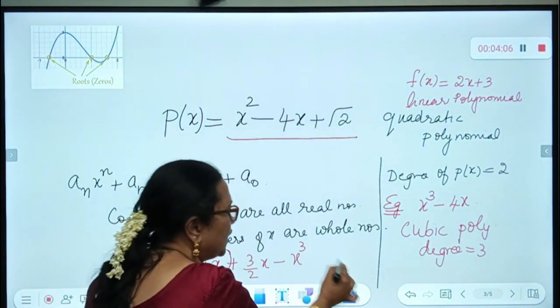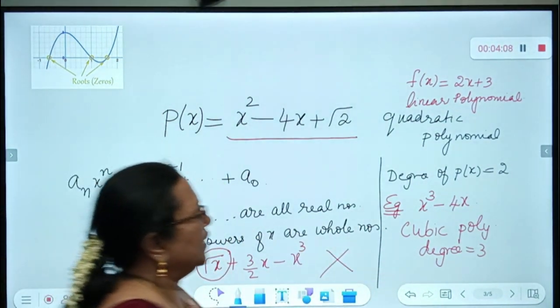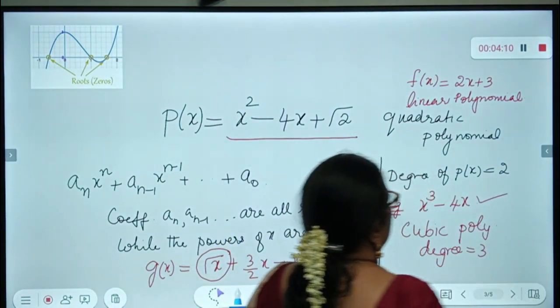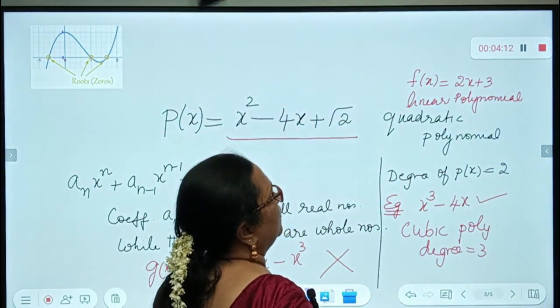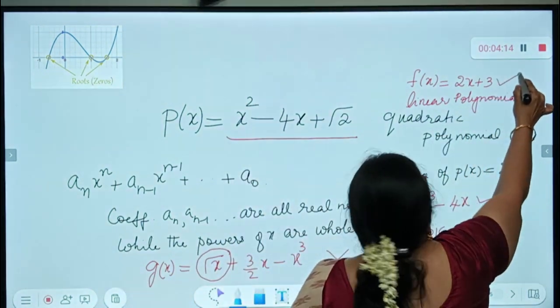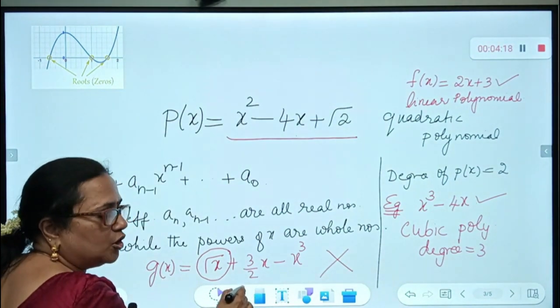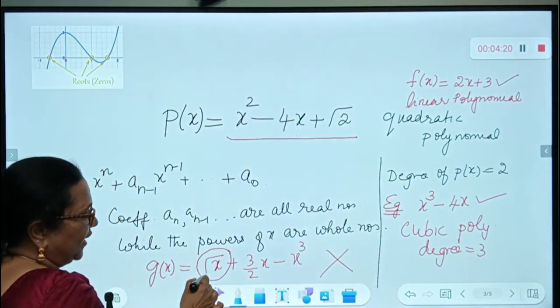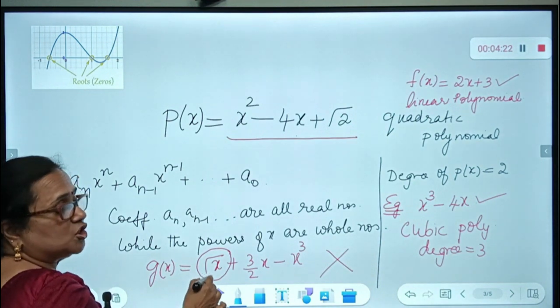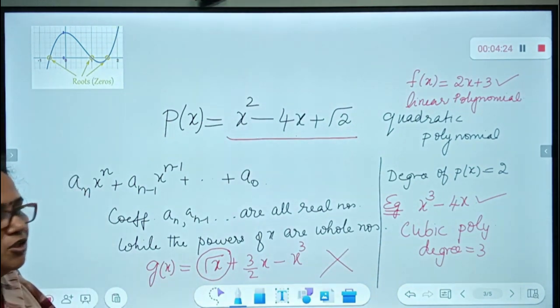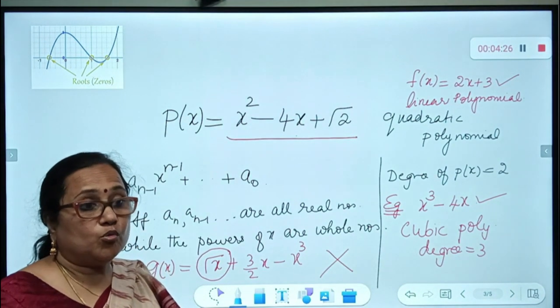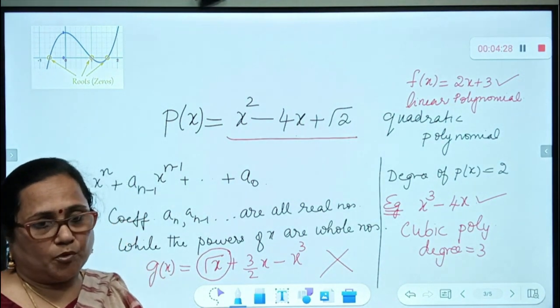So this is not a polynomial. While this is a polynomial, which is called a cubic polynomial, this is a linear polynomial, this is a quadratic polynomial. This is not a polynomial because the power of x is half, which is not a whole number. So I hope you are clear now about what is a polynomial and what is not a polynomial.